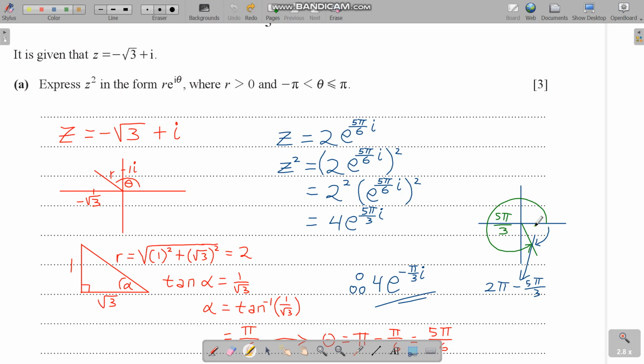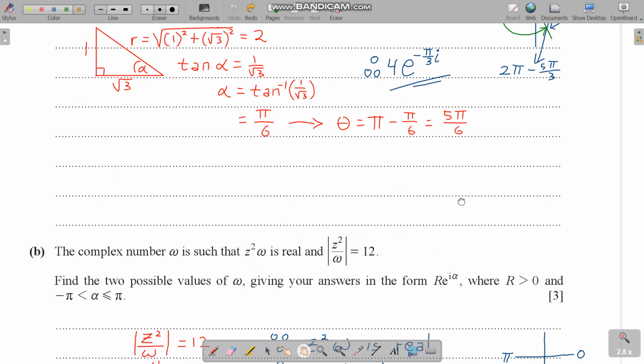So we get this angle, which is pi over 3. Since the direction is clockwise from the positive real axis, this is a negative angle, so 5 pi over 3 is equivalent to minus pi over 3, and this is what we can use because of the principal argument rule here. Alright, so this is the final answer for z squared in exponential form.